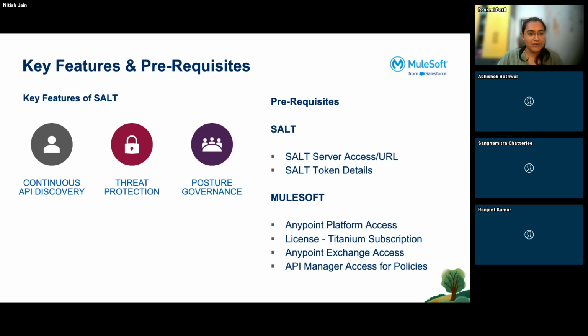The other one is posture governance. This is also a key feature where we can handle all the API management. We can govern and manage if we are missing any policies.